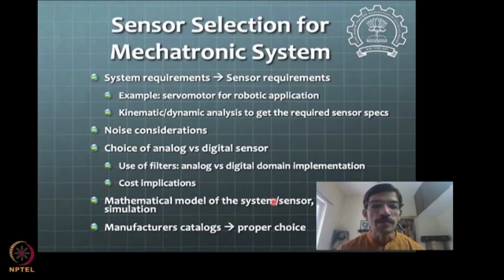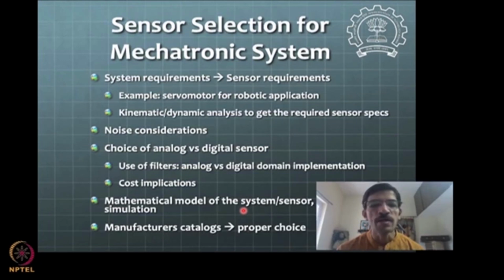Then of course you'll have cost implications with this. Then mathematical modeling is going to be important for simulations, to come up with precise specifications for your sensor.